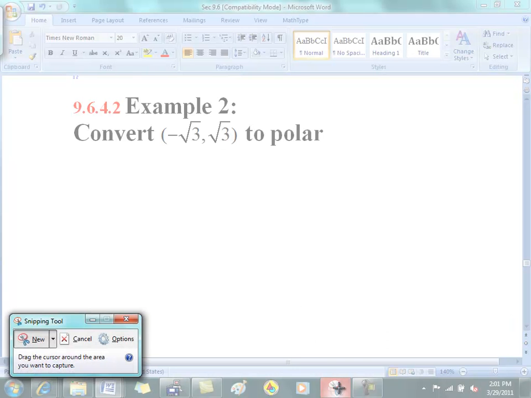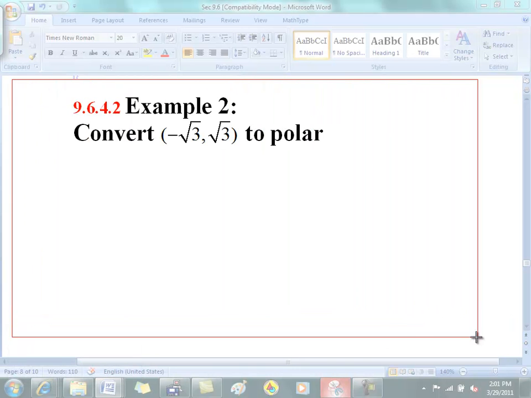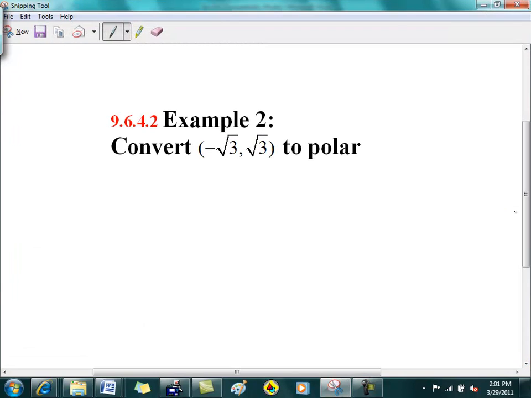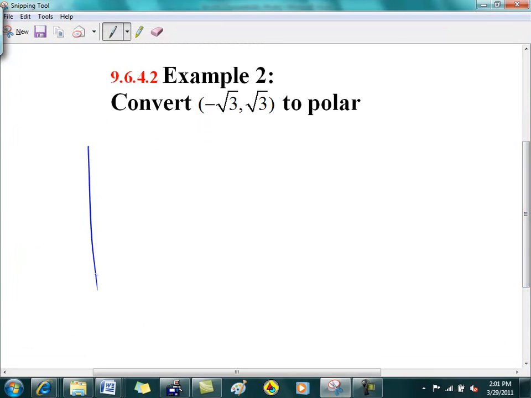Sketch it. Draw a sketch. Okay, so there's your point. What are the equations you're going to use on this one?